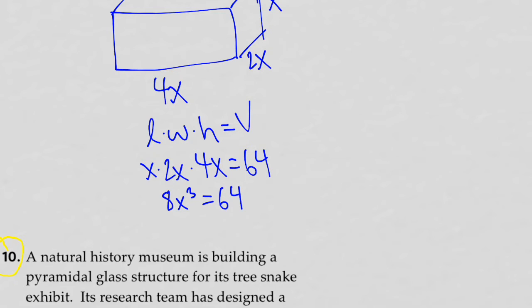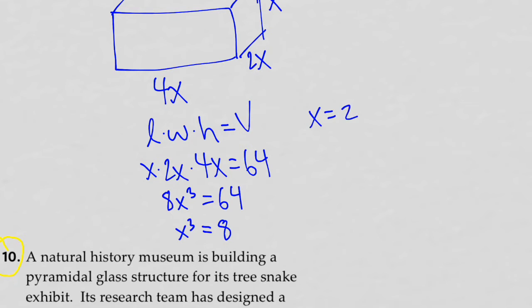We're going to divide both sides by 8. I'm not going to write that down, but you can do it in your head. Divide both sides by 8 and you get x cubed equals 8. So you should be able to solve that in your head. What is the number that you multiply by itself 3 times that gives you 8? Basically, what is the cube root of this? And you should come up with 2.